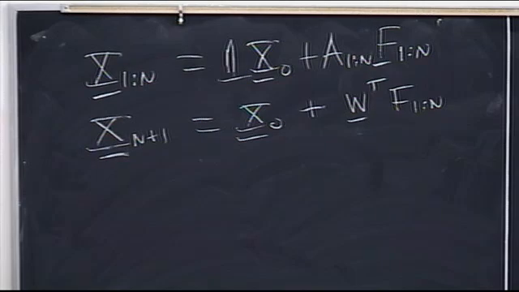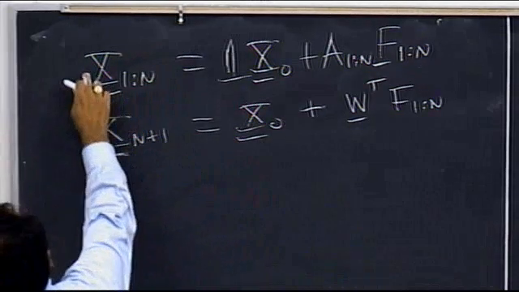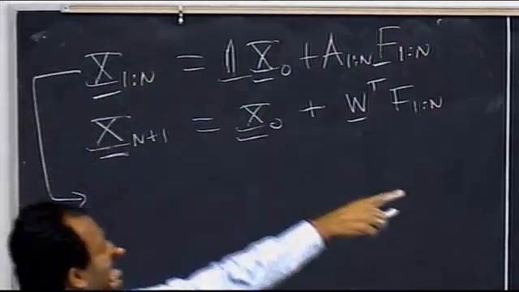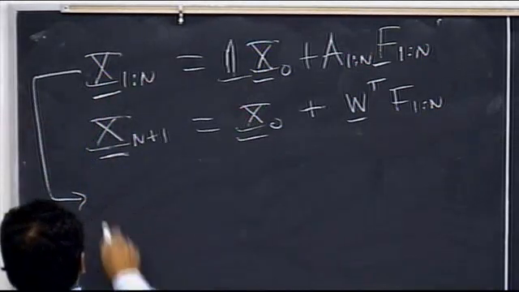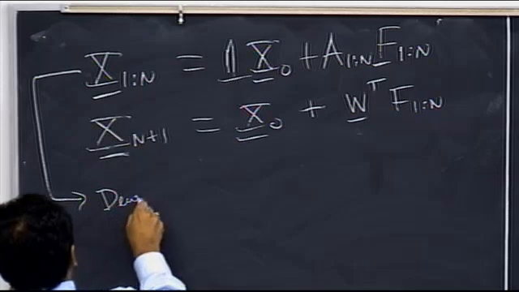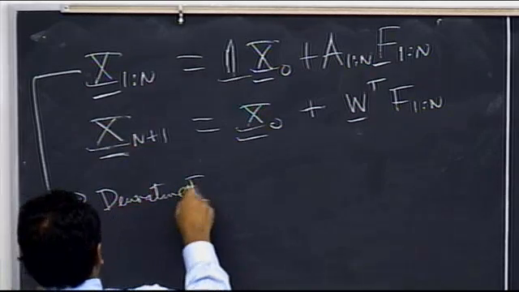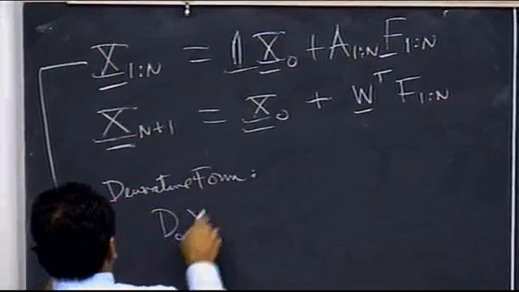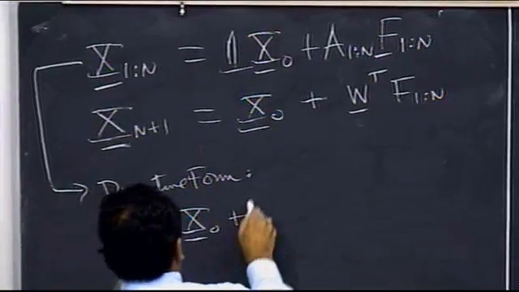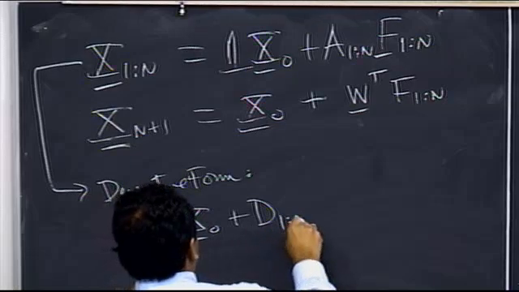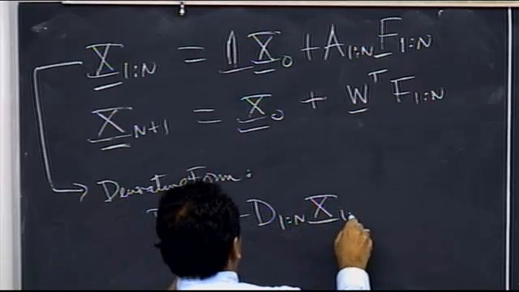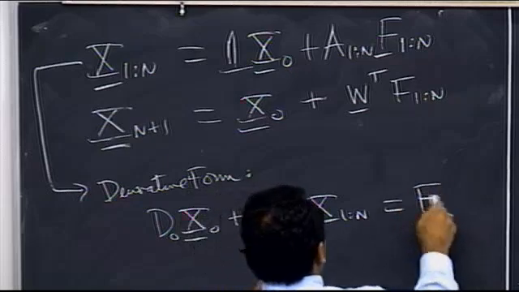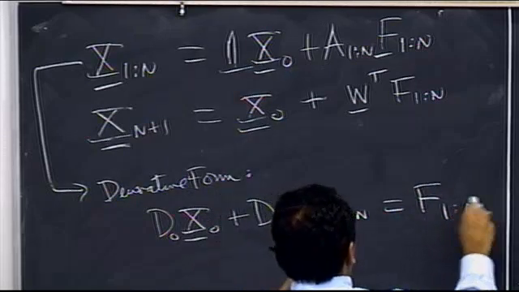Now I've got all this stuff. Let's take this equation and compare it to the equation I got when I did this in derivative form. In derivative form, I got d0 times x0 plus d1 colon n x1 colon n is equal to f of 1 colon n.